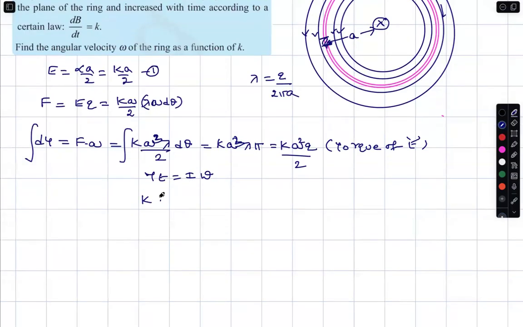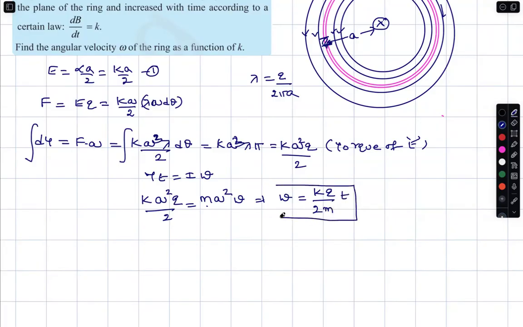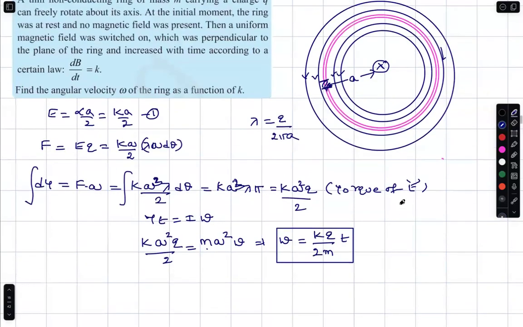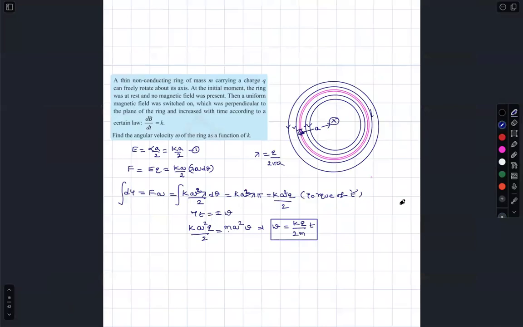So K A square Q by 2 is M A square, the ring, into omega. So omega is KQ by 2m times t. There is an expression for angular velocity as a function of time.